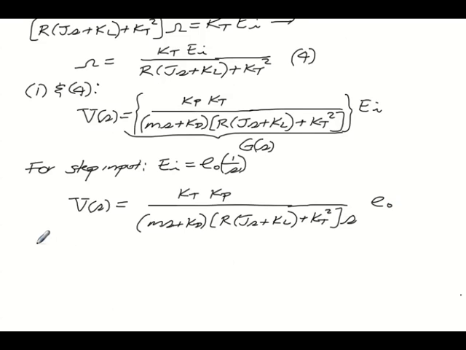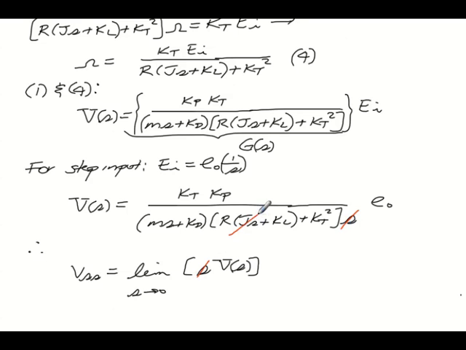In order to find the steady state speed, we know we can use the final value theorem. So we'll take the limit as s goes to 0 of s times the Laplace transform of the speed. And if I just go up here, not having to write all this down again, we see that this s and that s will cancel out.